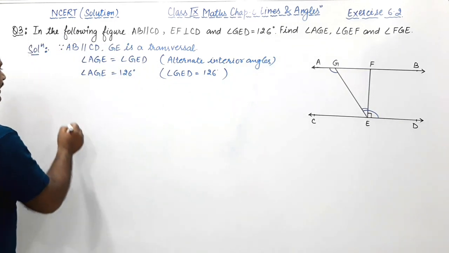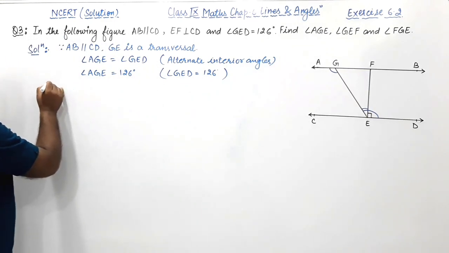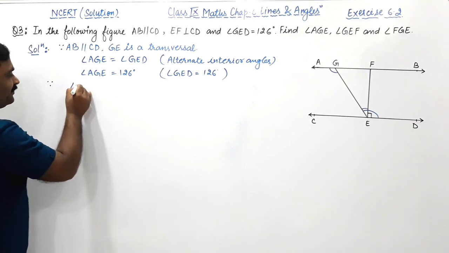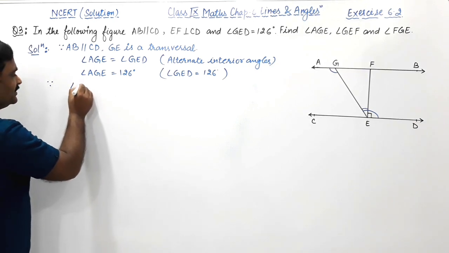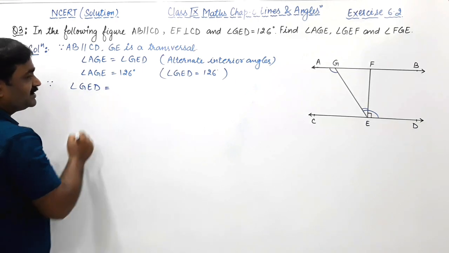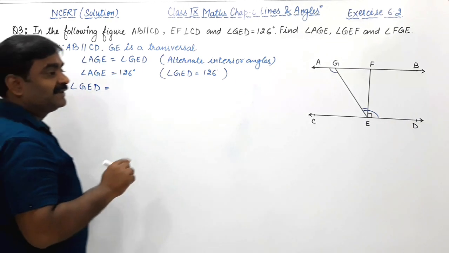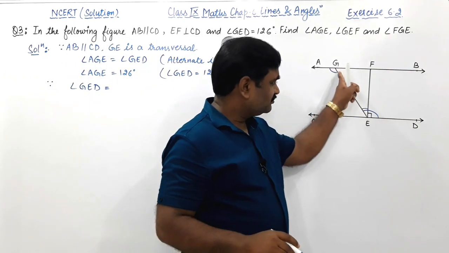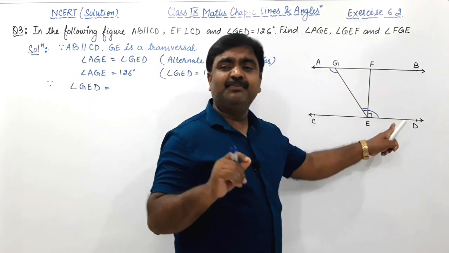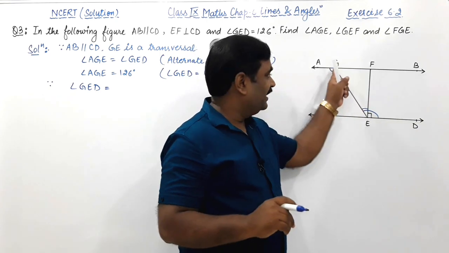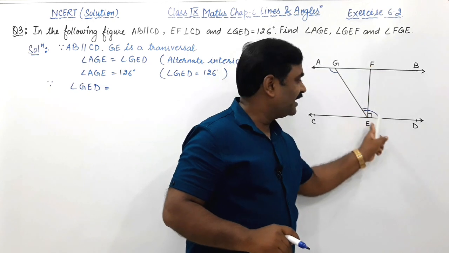So let us think about it. Since angle GED can be written in two parts. You see from the figure, it is absolutely clear that in GED two angles are formed, one GEF and second FED.